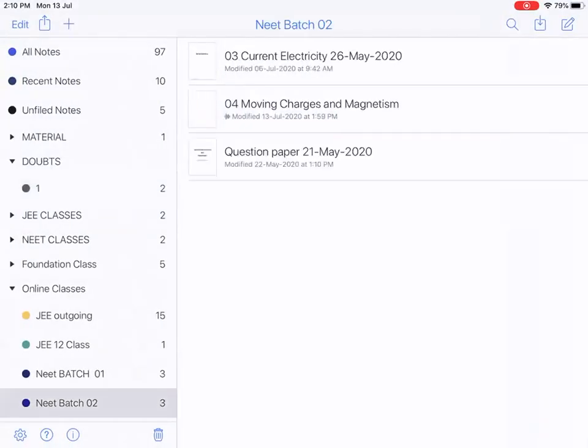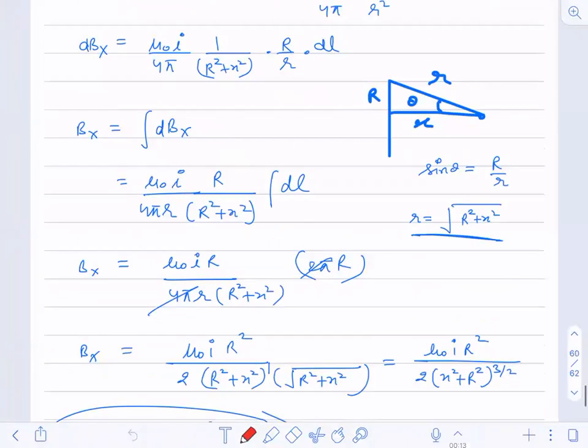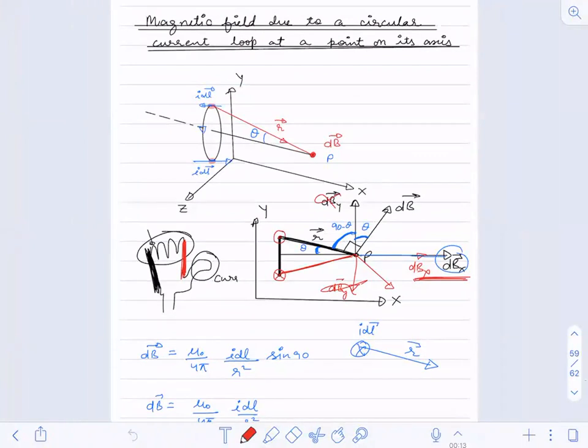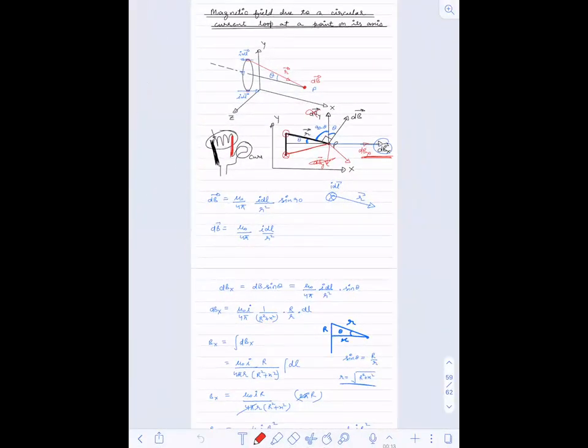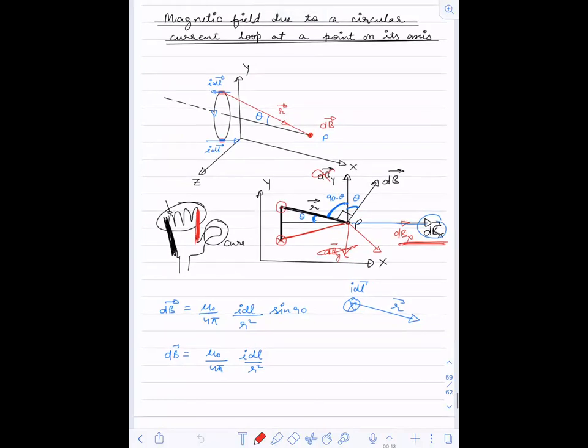So quickly take the slides now. Okay. I'll just give you the slides for this first. Do it fast.